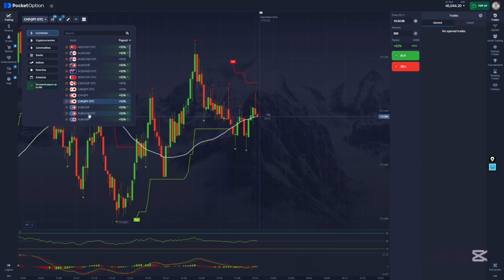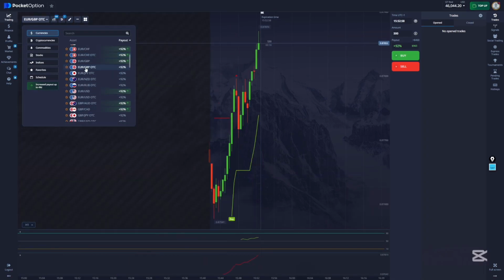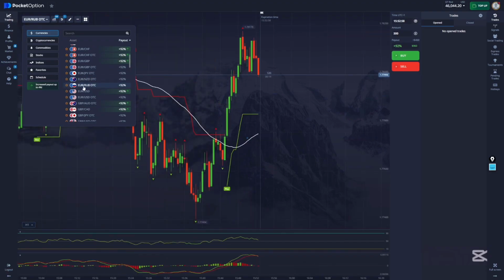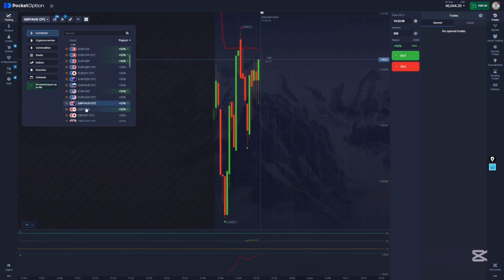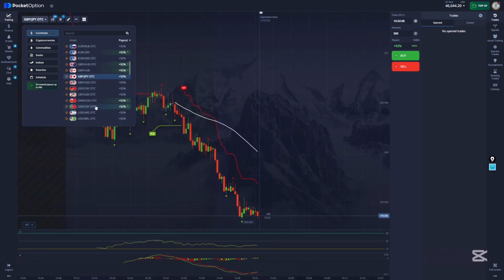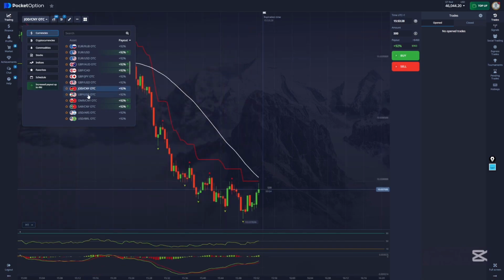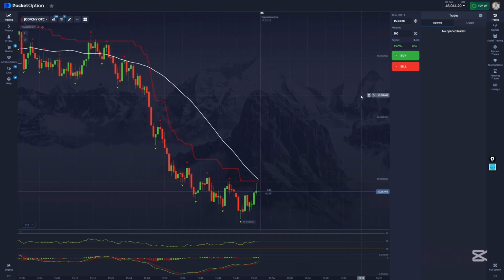First we have to find some clear uptrend or downtrend. One second, let's have a look. Here we will have a really nice option. If you see a downtrend like here, yeah?